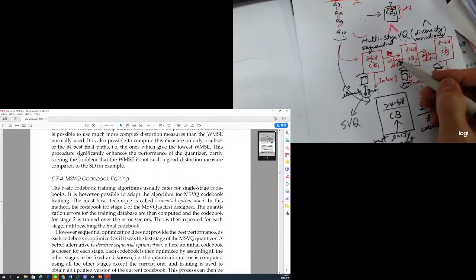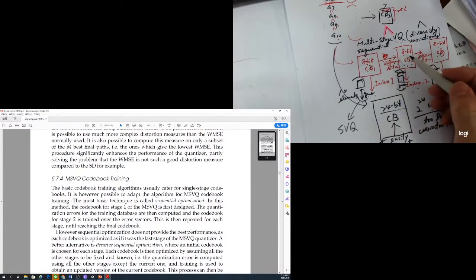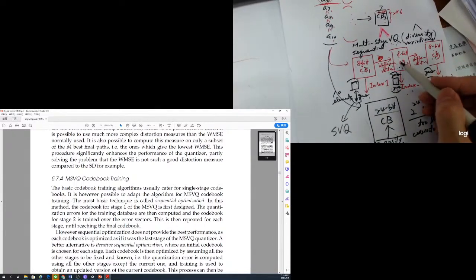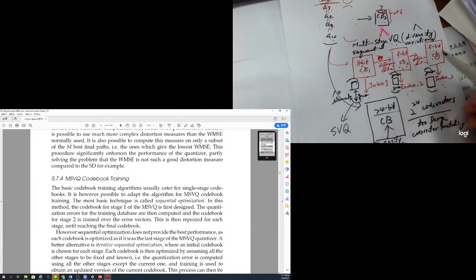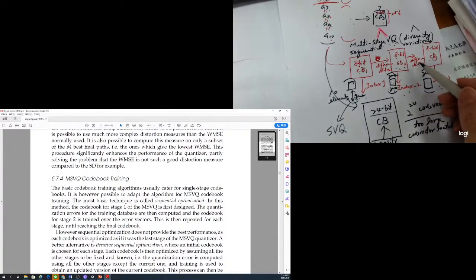You can get a difference vector pool, a difference vector set. With the difference vector set, you design your second codebook, and according to your second codebook best match, you can also calculate your second-order difference vector and difference vector group set.